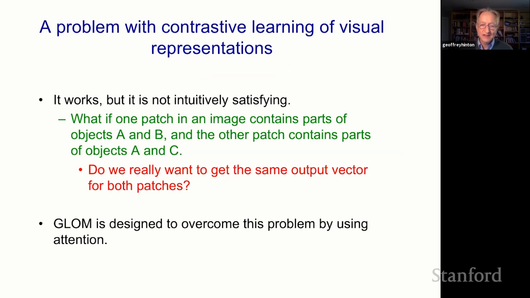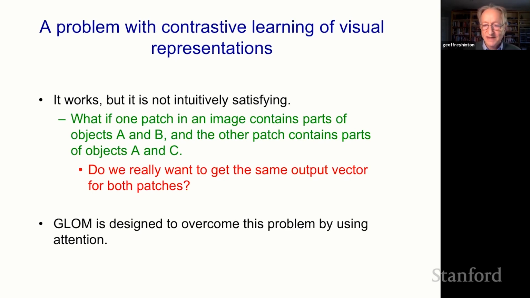But what if one of the patches contains bits of objects A and B and another patch contains bits of objects A and C? You don't really want those two patches to have the same representation at the object level. So we have to distinguish these different levels of representation. And for contrastive learning, if you don't use any kind of gating or attention, then what's happening is you're really doing learning at the scene level.